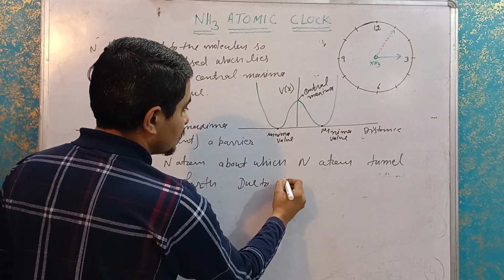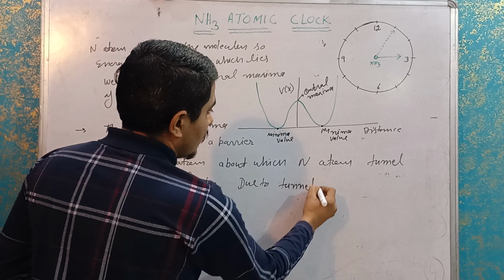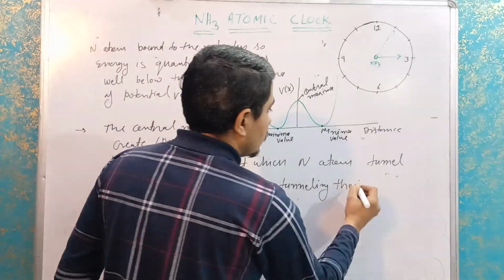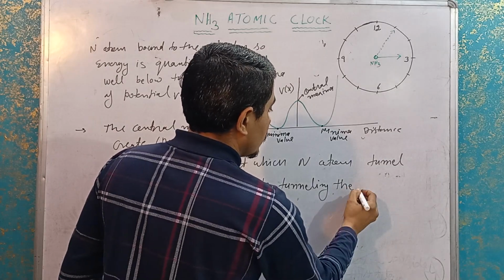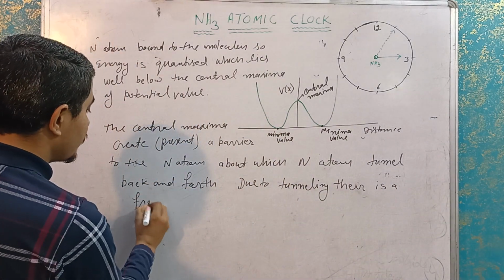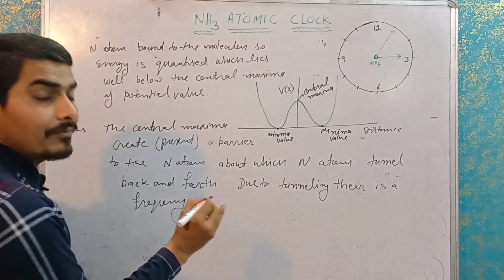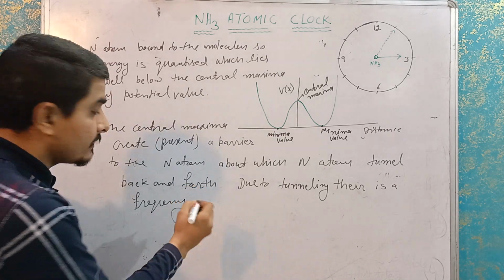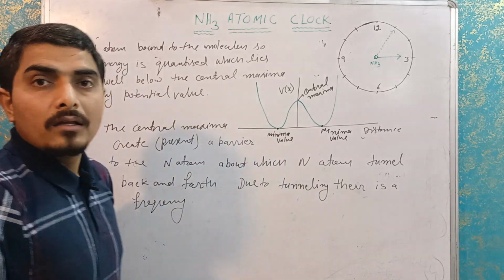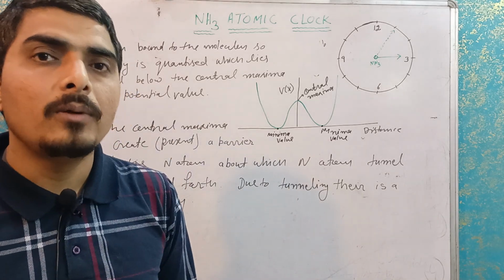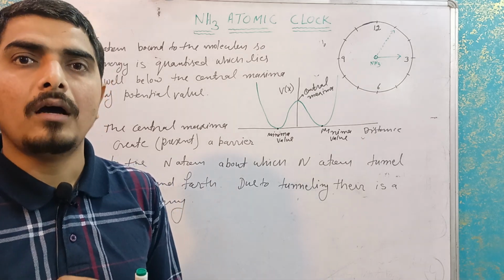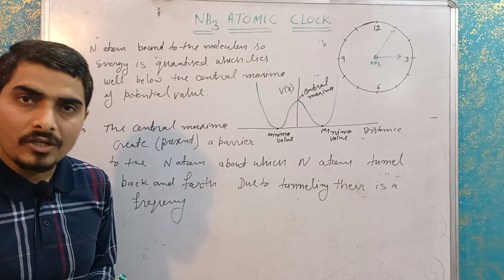Due to tunneling there is a frequency. That frequency is known as the tunneling frequency. The tunneling frequency of the NH3 molecule is quite low as compared with most other molecular vibrations.